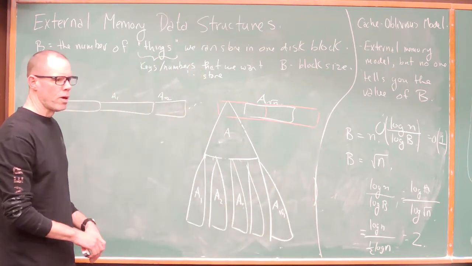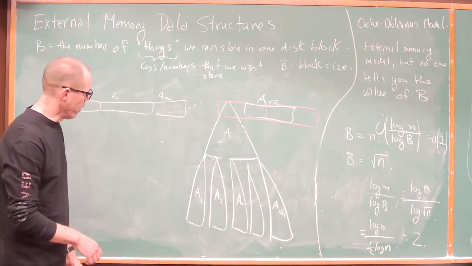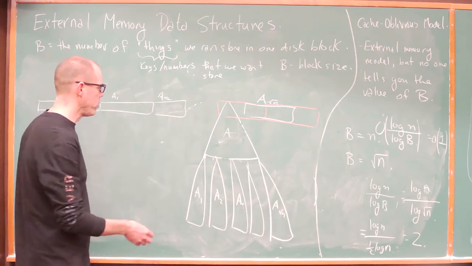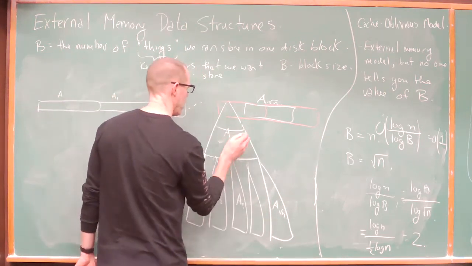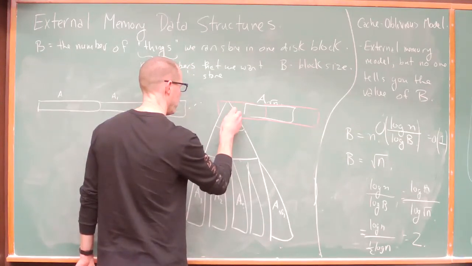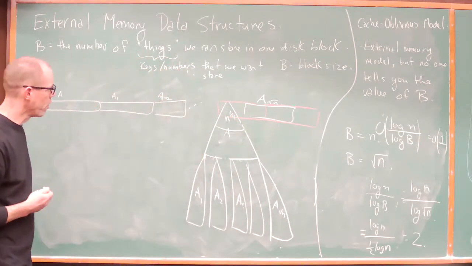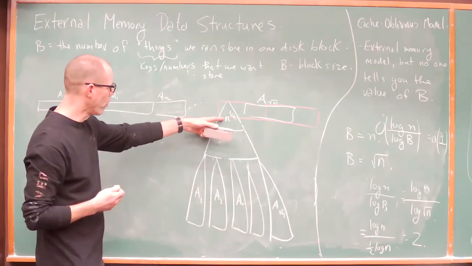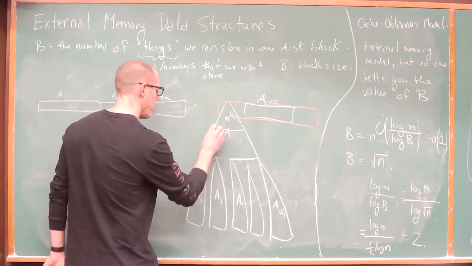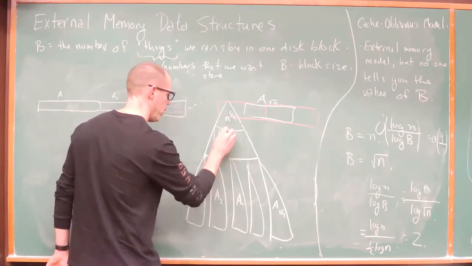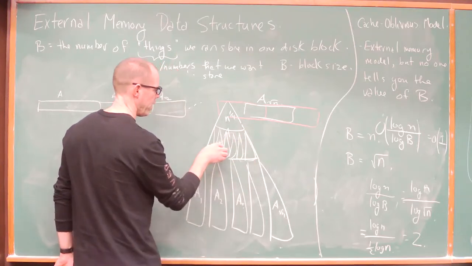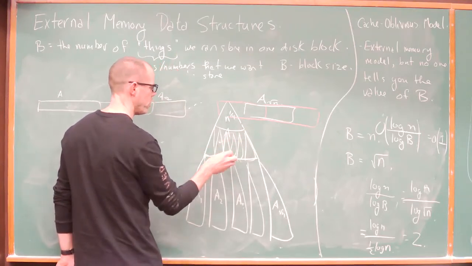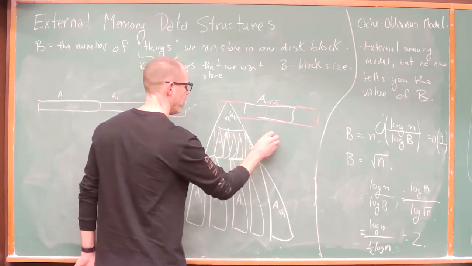Well, then to make a data structure of size square root of n, maybe what I should do is make a data structure of size the square root of the square root of n, which is n to the 1/4, which will then push me into exactly one of these substructures, also of size n to the 1/4.